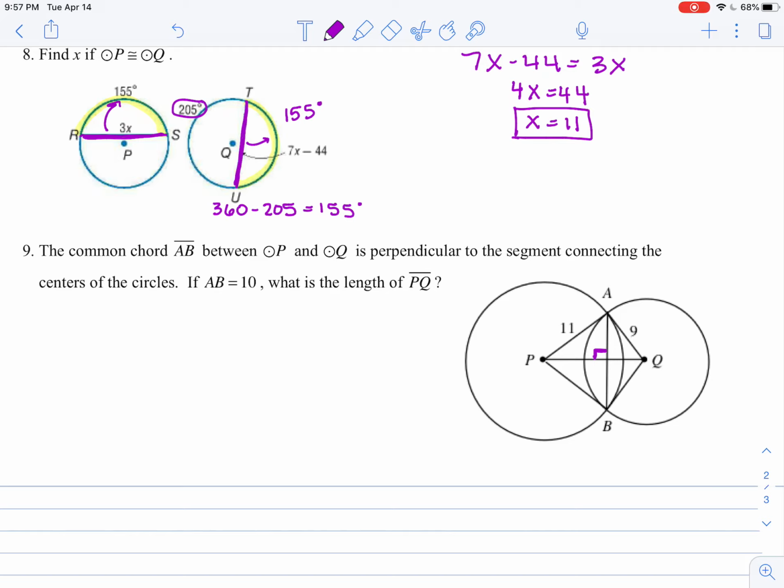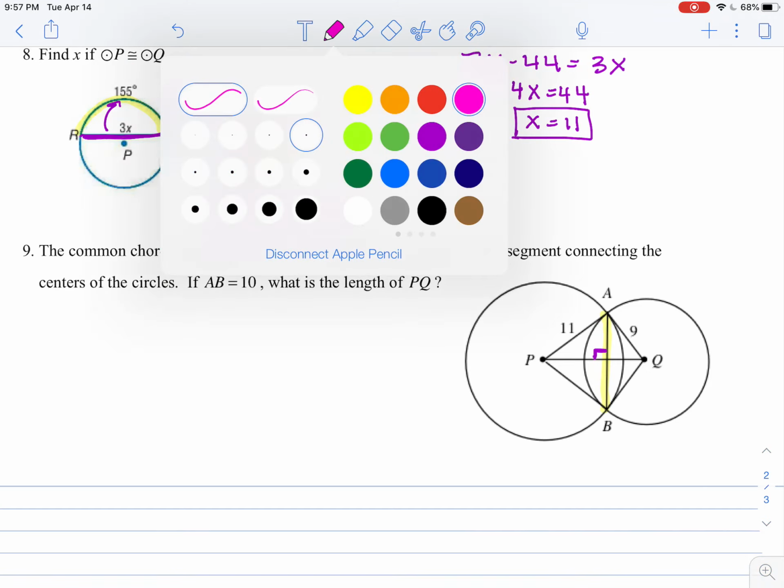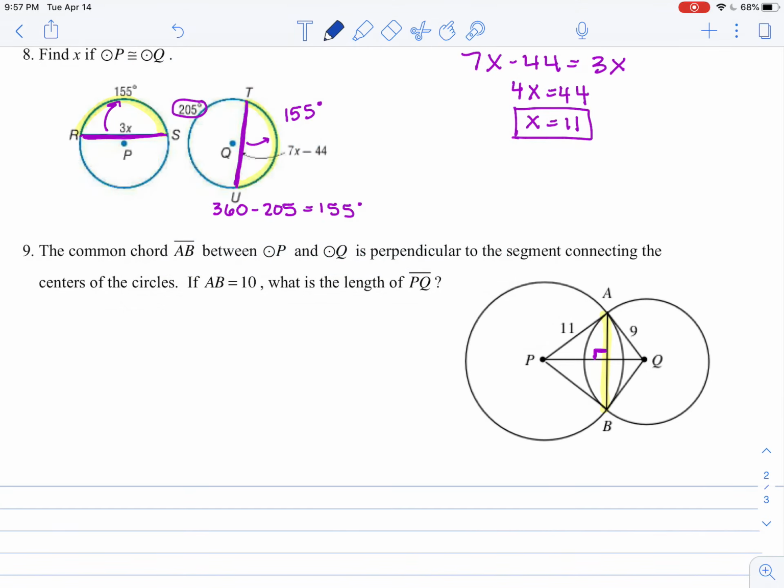If AB is 10 units long, what is the length of PQ? AB is a chord of both circles, and since that chord is perpendicular to the radii, it gets bisected by that radius. So if AB is 10 units long, each half is 5 units long.